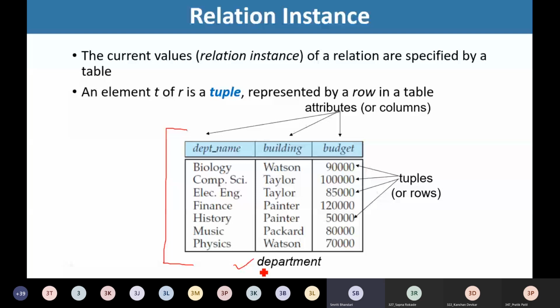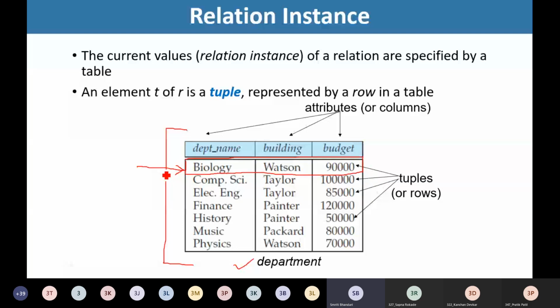Right? So, this is department, which is a relation. So, an element t of relation r. I am saying that this is one element of this relation department.